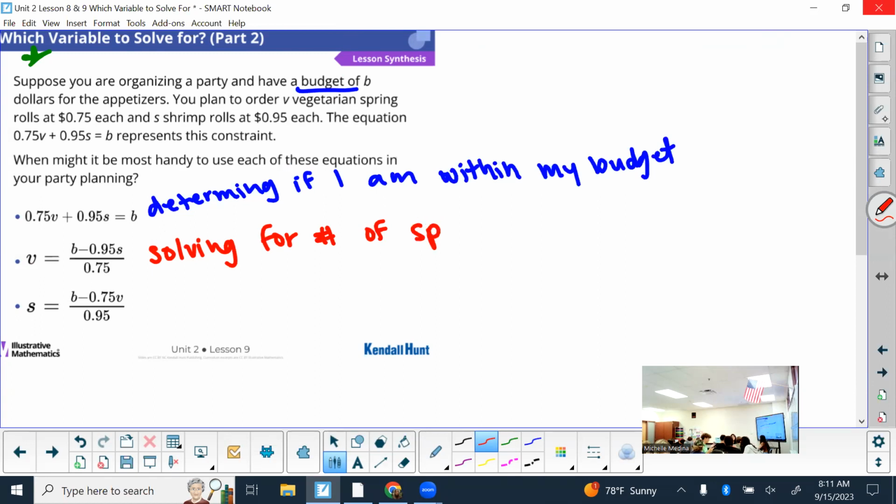Wait, not spring rolls, vegetarian spring rolls. Right, because V was for the number of vegetarian spring rolls. When might it be most handy to use the last equation?